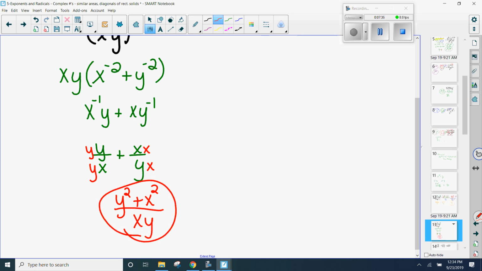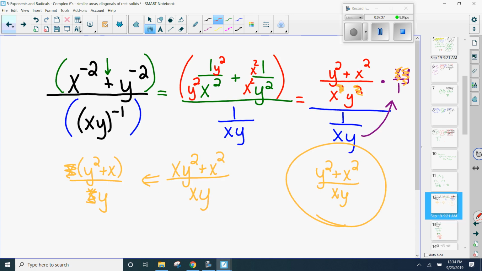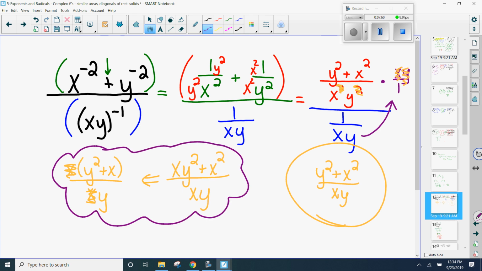Now, the way we worked through that before, we ended up with y squared plus x squared over xy. Which way would you prefer that we do it?